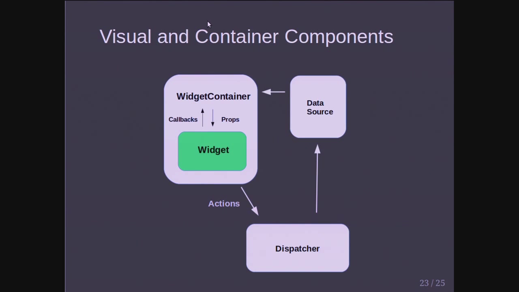The widget can be a pure function that just takes the data as input, doesn't dispatch any actions, isn't responsible for querying any external data sources. And then the container, which is responsible for the context-specific logic. And we can test each of those separately. So for the widget container, we're only interested in making sure that it fetches the right data, that it renders the children correctly, and when the child is interacted with, that it dispatches the correct actions.